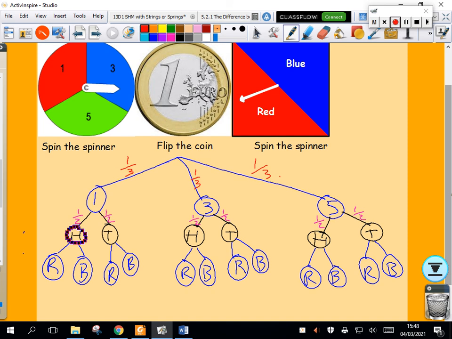No matter what has happened previously, the probability of getting red on the last task is 1/2, and the probability of getting blue on the last task is 1/2. So what has come before does not affect the probabilities for this task.